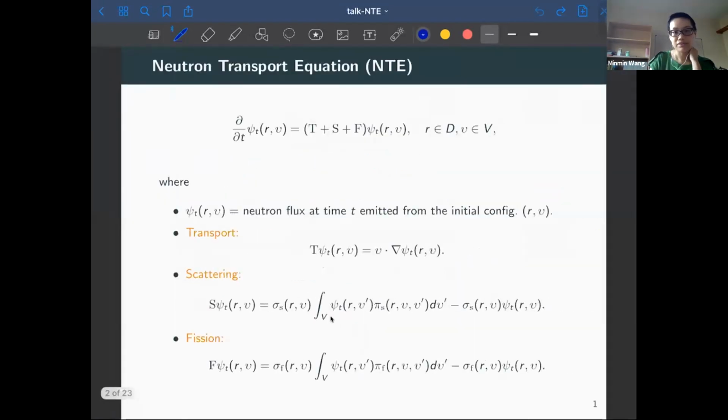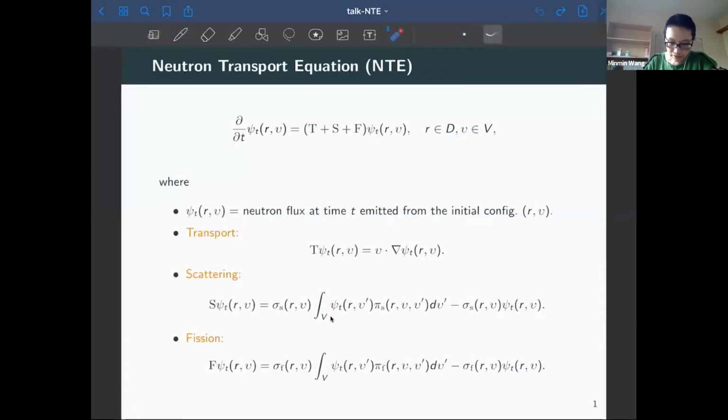Let me first start with a very quick recap of Emma's talk. The main object is the neutron transport equation that you've seen several times today. This describes the evolution of the neutron flux inside a nuclear reactor core. More precisely, I'll write psi_t(r,v) to be this neutron flux.